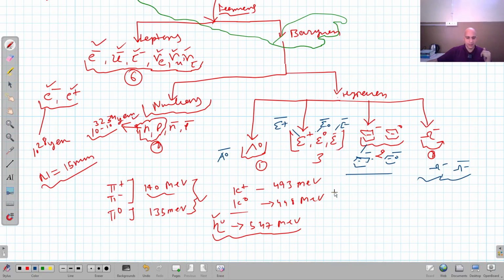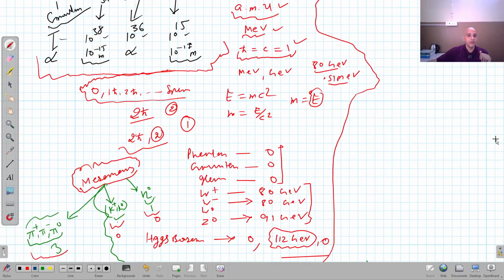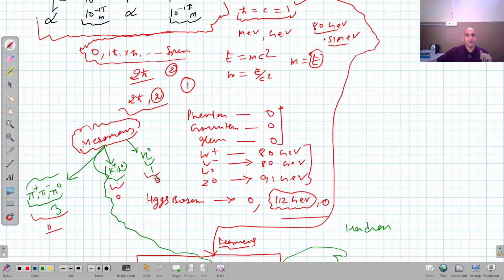But there is one exception: the spin of the omega negative particle is 3 by 2. It is usually asked in the examination what is the spin of omega negative. So it is 3 by 2 h cut. Or, I told you, what is the spin of graviton. It is 2 h cut, as I told you earlier.